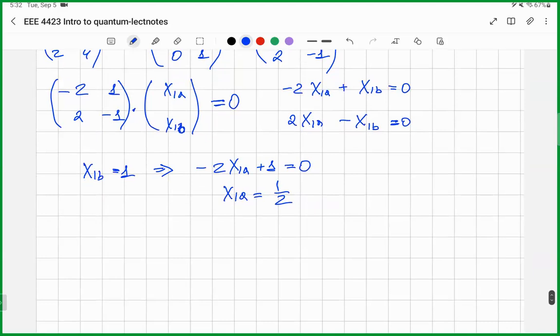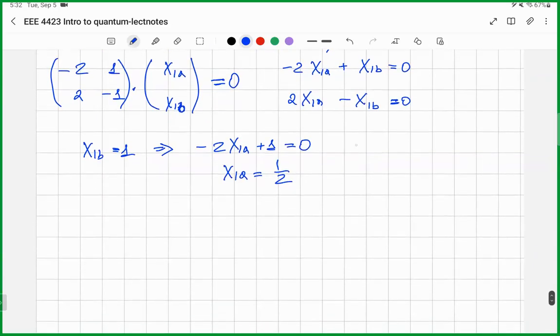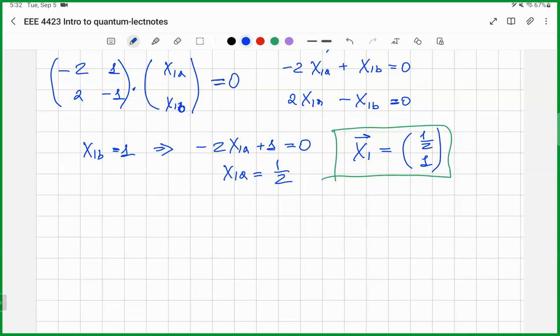So the x1 vector has components 1/2 and 1, right? This is the first eigenvector of our matrix.